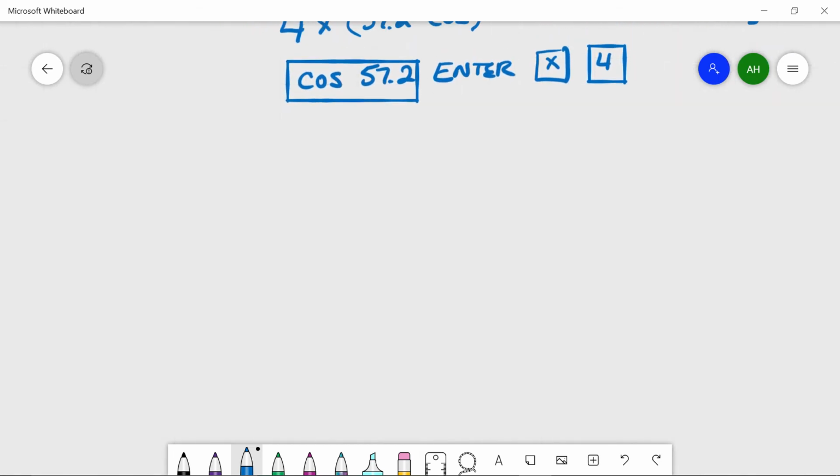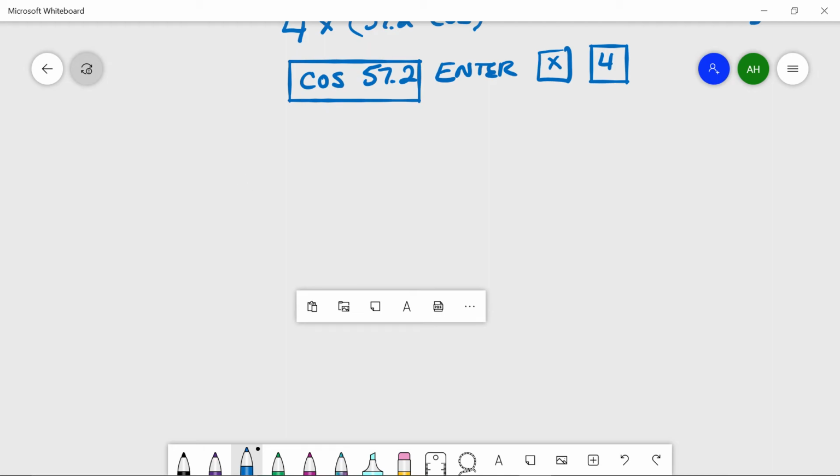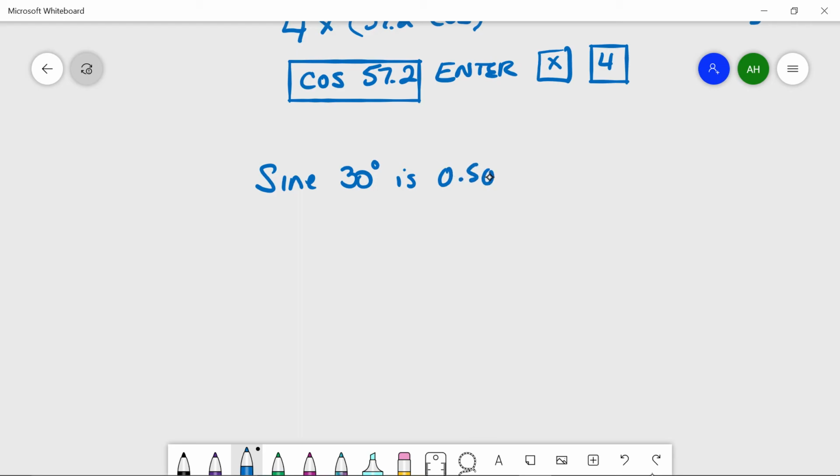Last thing in this chapter is looking at the inverse functions. I know that the sine of a 30-degree angle is 0.50. The inverse sine of a number is the angle whose sine is the number.